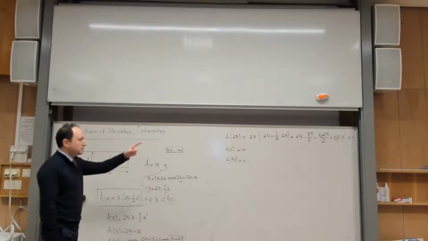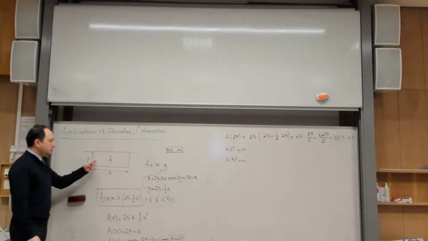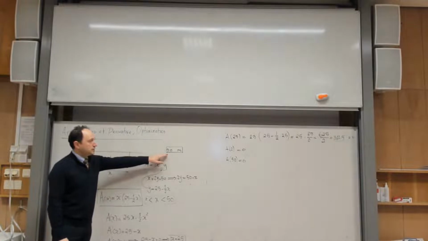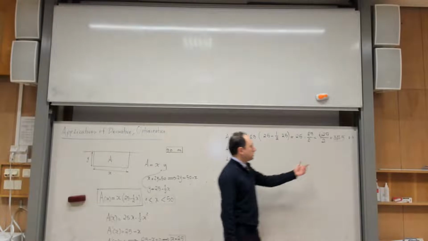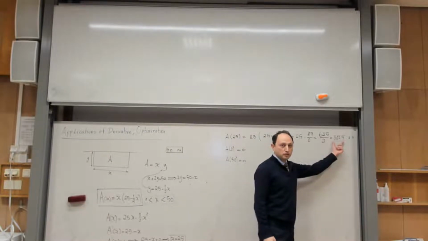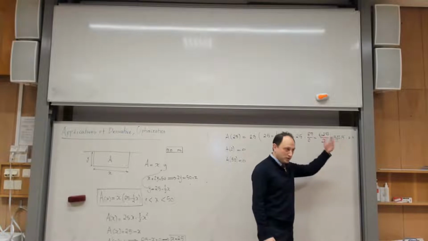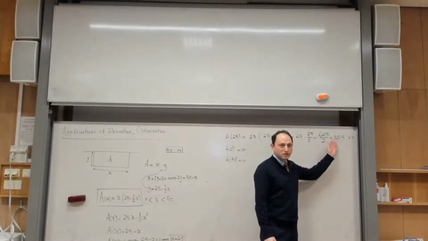But anyway, that is the maximum area. So this means that if you have these 50 meters, at most you can cover a garden of this area, not more. If this is not appropriate for you, you have to spend money to buy more. But if that is okay for you, that's the maximum value.